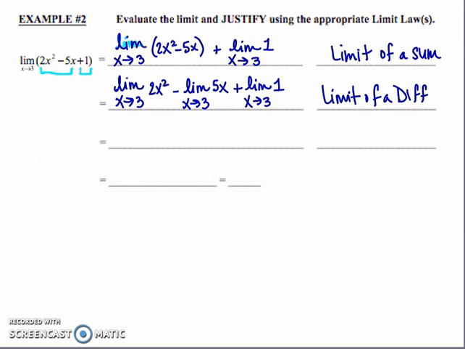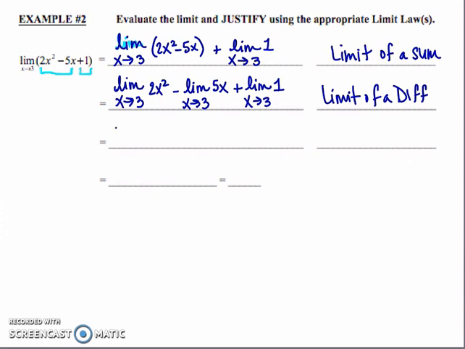Then I am going to use my power rule. The limit of a power is equal to the power of the limit. And I'm also going to bring that 2 out in front, so I'm going to do the constant multiple and the power at the same time.